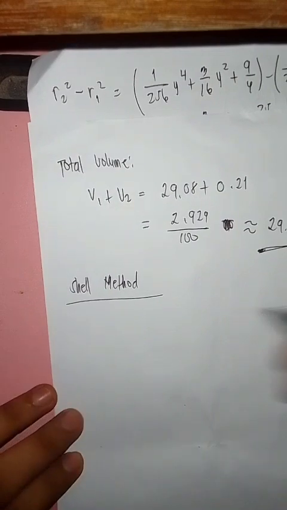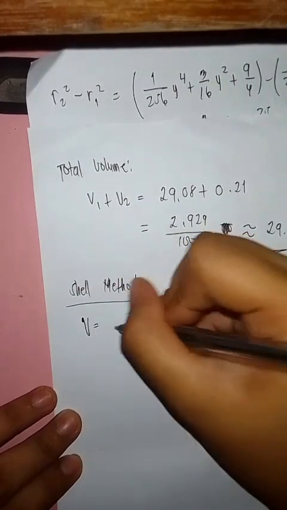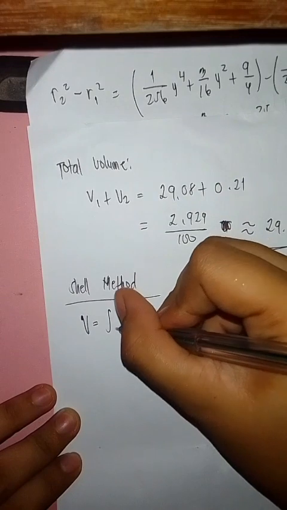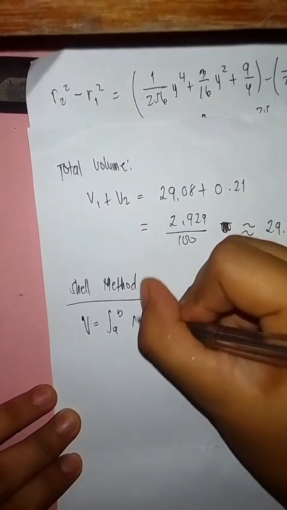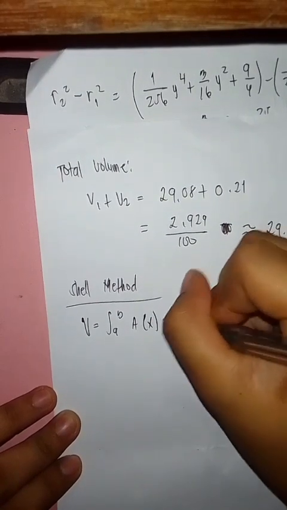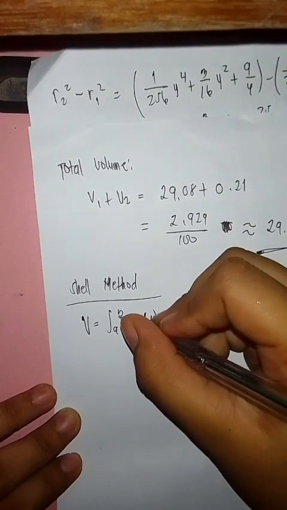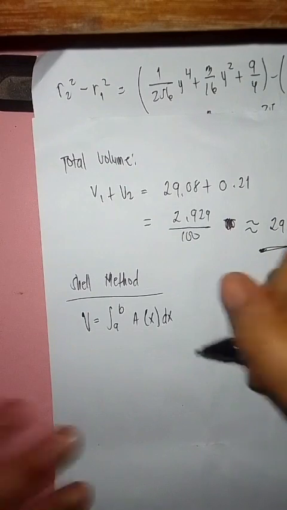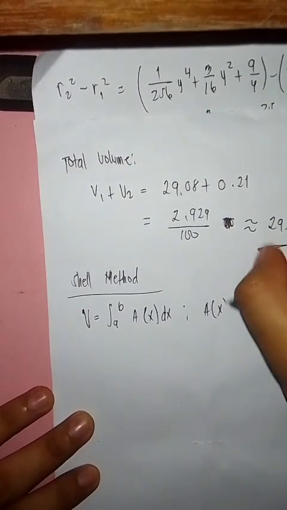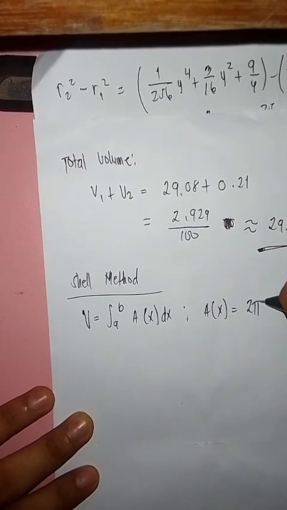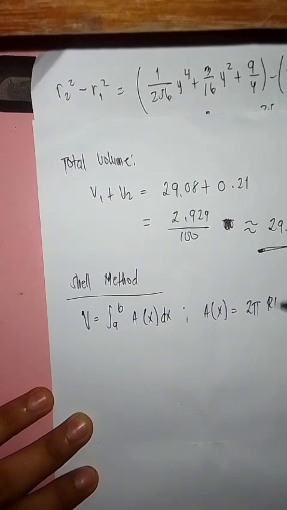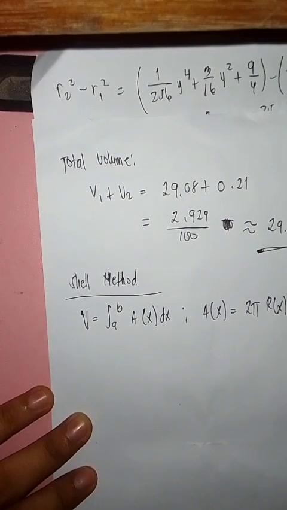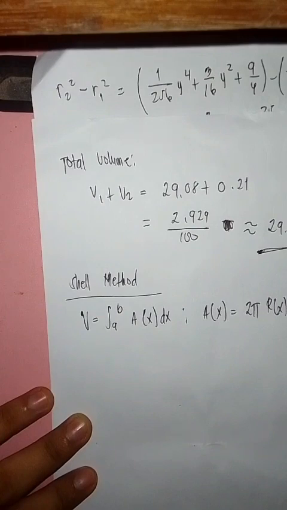For the shell method, we have the formula V is equal to the integral of A(x) dx evaluated from a to b, where A(x) is equal to 2 pi times r(x) times h(x).